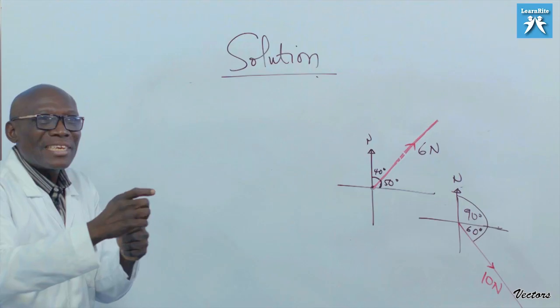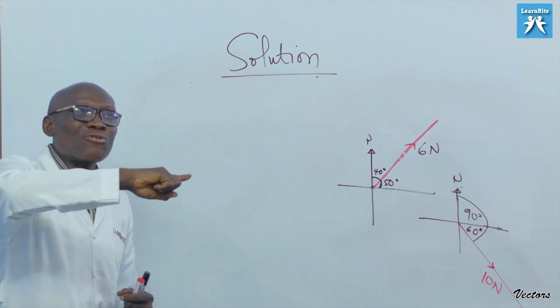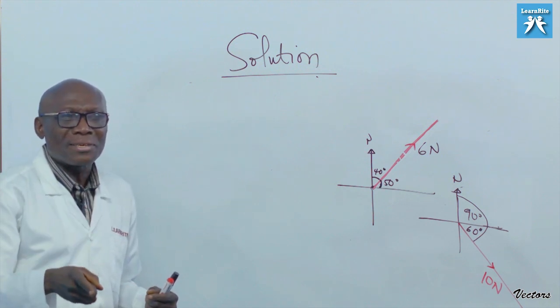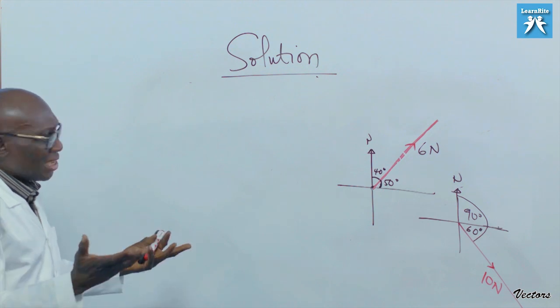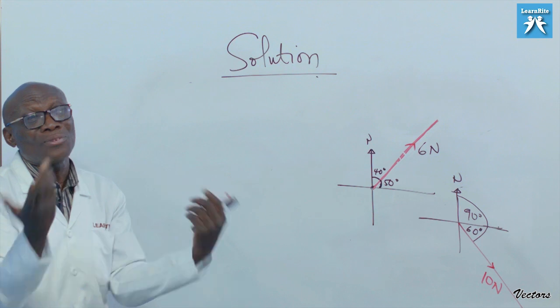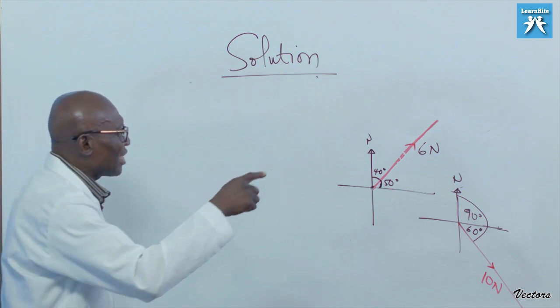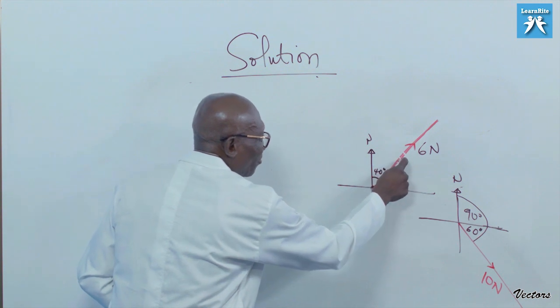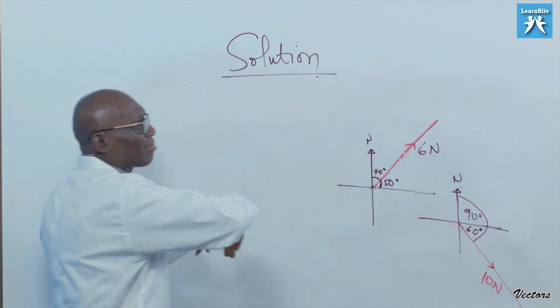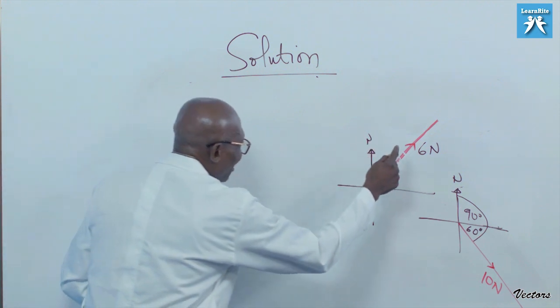We take the other one and we join it to the first one so that their arrows will follow a sense of direction. So you decide which one to take. You can take any one at all. I've told you, you can start with any one. Let me start with this. Somebody can decide to start with this. That is no problem.